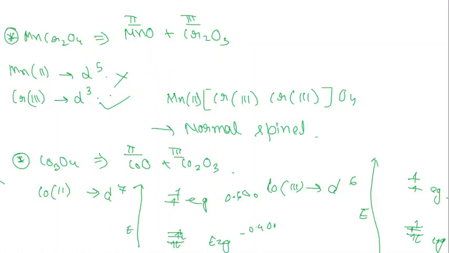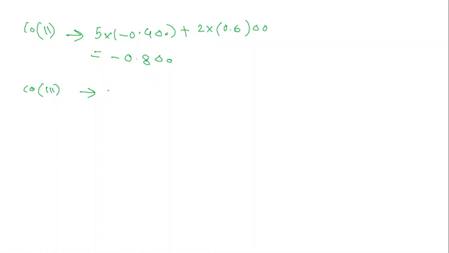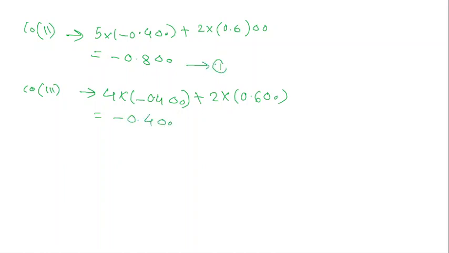In the Co3+ case, what will be the value? 4 electrons in t2g, 4 into minus 0.4 Δo, plus 2 into 0.6 Δo. What will be the value? Minus 0.4 Δo. So among these, a negative sign with a big quantity means smaller, so Co3+ will be greater than Co2+.